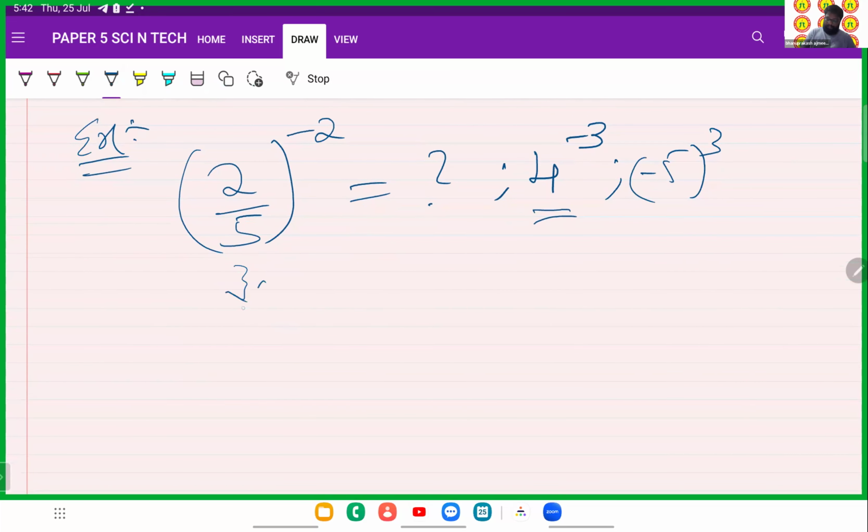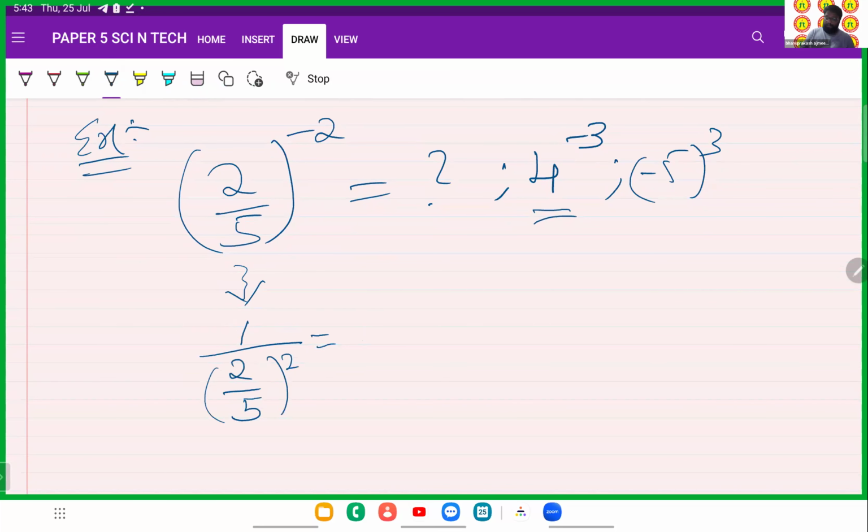So you can write 2 by 5 whole to the power minus 2 in this way: 1 by 2 by 5 whole square.